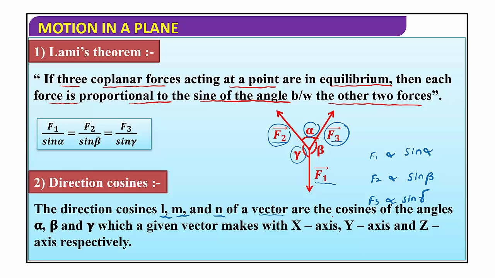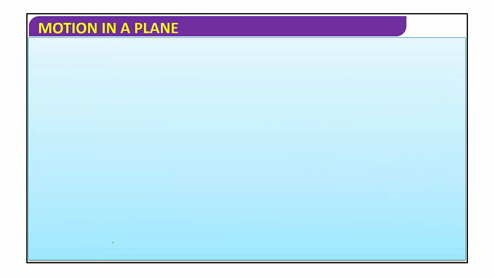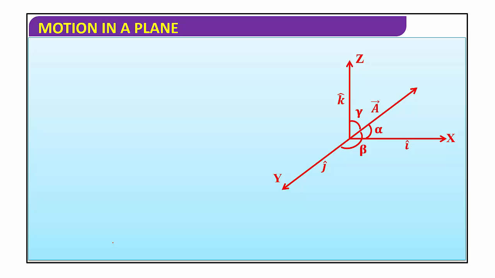These are the cosines of angles alpha, beta and gamma, which a given vector makes with the x-axis, y-axis and z-axis respectively. See the diagram, then only you can easily understand. Observe this diagram. I am going to consider vector A. This is vector A.